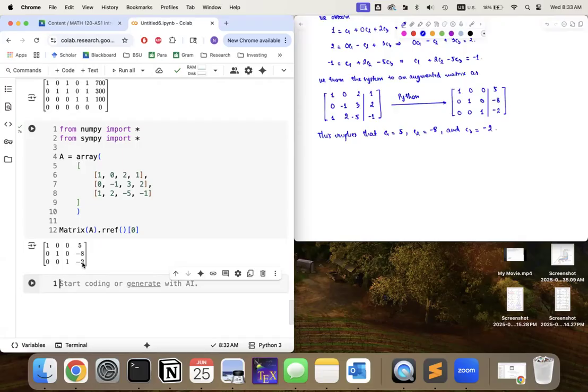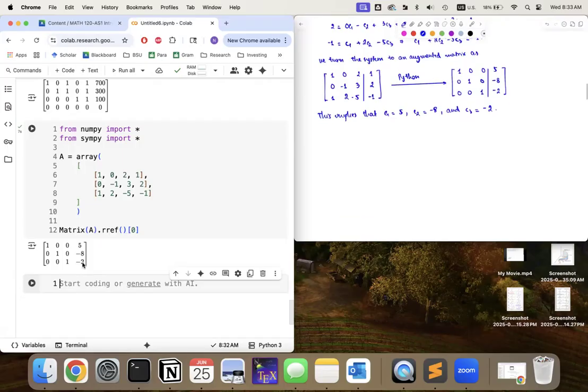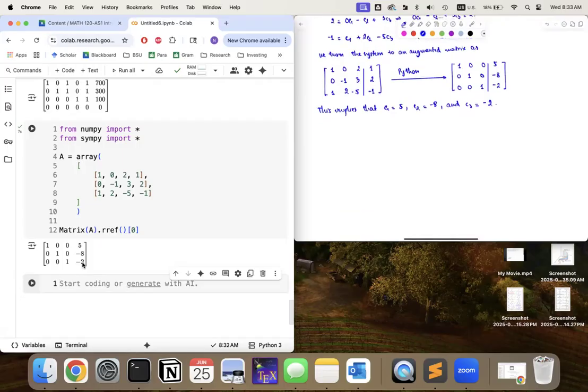All right. So in terms of the coordinate matrix, let me be careful here a little bit. X can be written as X equal to 5 times (1, 0, 1) plus -8 times (0, -1, 2) plus -2 times (2, 3, -5).